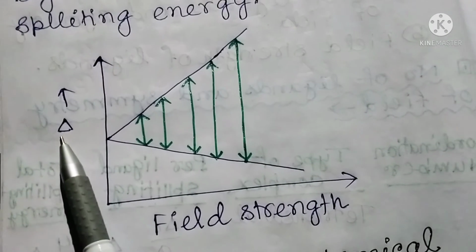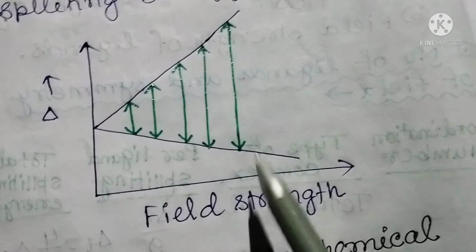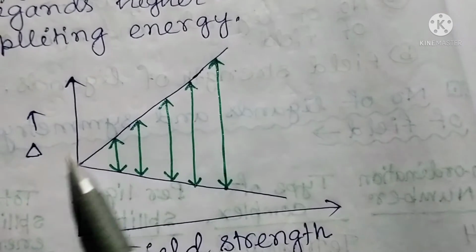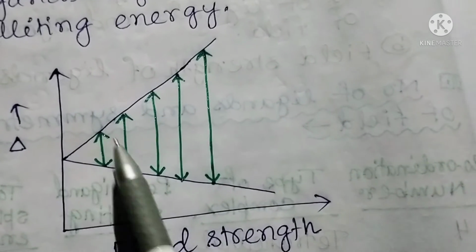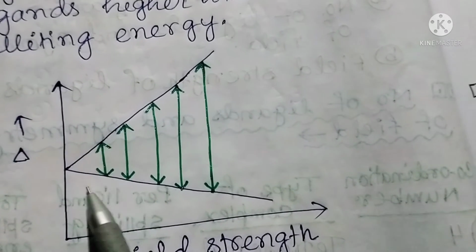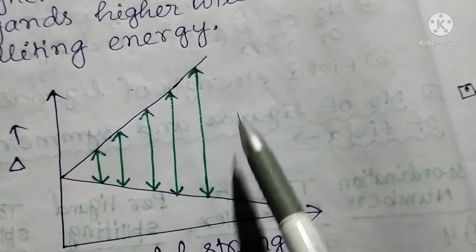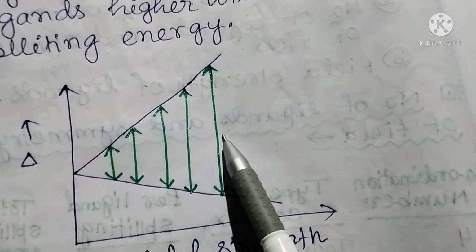Here we take splitting energy delta, and here we take the field strength, and we get this type of graph. From this graph we can clearly say that higher the field strength, higher will be the splitting energy. The splitting energy here is lower than this, because here the field strength is high, so the splitting energy is also high.